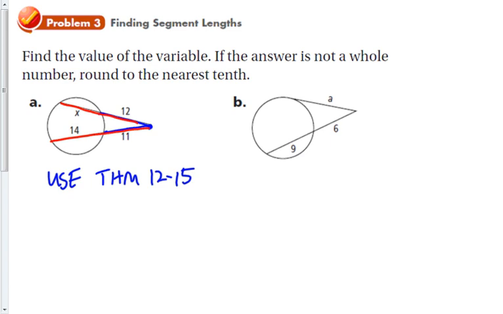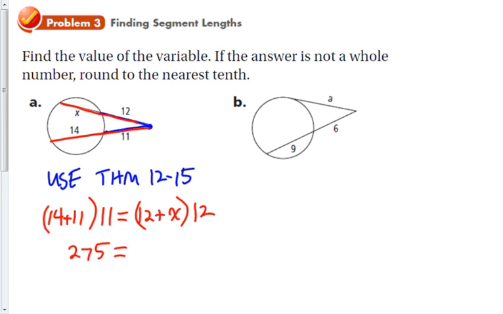So 14 plus 11, times 11, has to equal 12 plus x, times 12. And if I simplify that, I get 25 times 11, which is 275, is equal to 144 plus 12x.